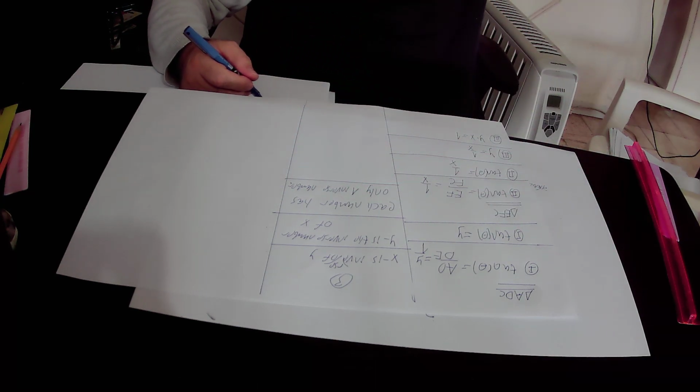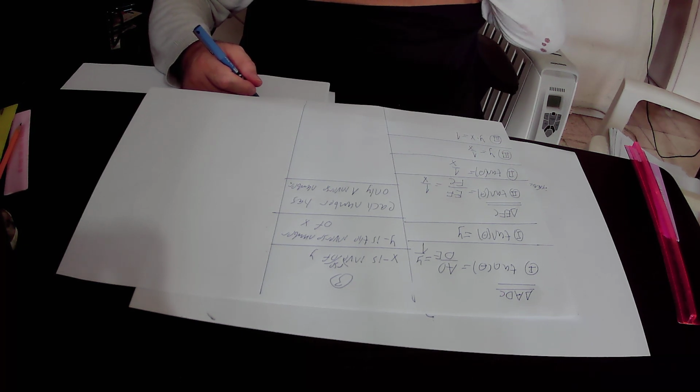So the inverse number of 5 is 1 over 5 and only 1 over 5, and the inverse number of 1 over 5 is 5 and only 5. Okay?